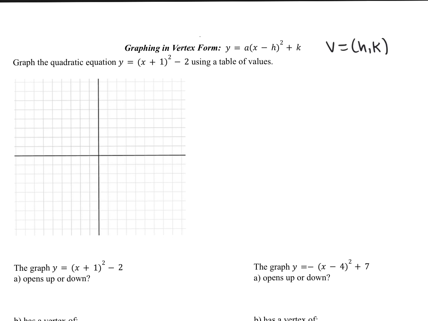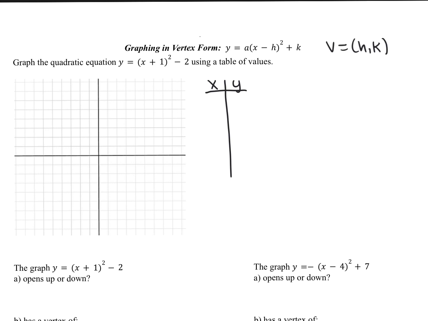So we're now going to use the vertex form to help us create our table and graph our quadratic. So we have y equals x plus 1 squared minus 2. Key thing here, when I'm identifying the vertex from vertex form, because the formula is normally minus, whatever is inside the parentheses with x when it's being subtracted is the x value, and whatever is outside when it's being added is my y value, my h and my k.